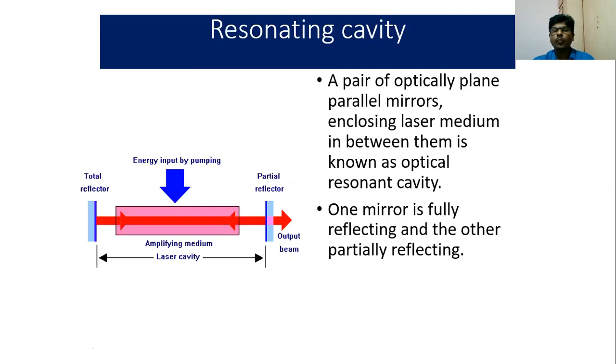Suppose we start with 2 photons, it becomes 4, 4 becomes 8, 8 becomes 16, and the process continues. This is known as the amplification process. Then when the intensity becomes very strong, laser output is obtained from the partially reflecting side, whereas no laser light comes out from the totally reflecting side.